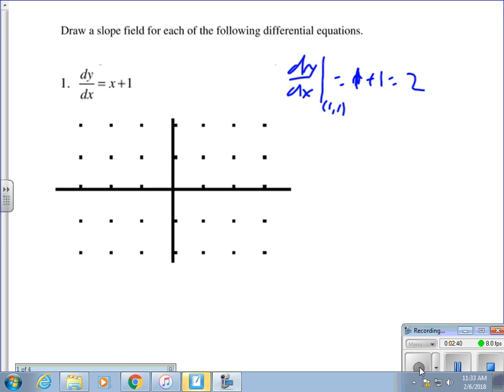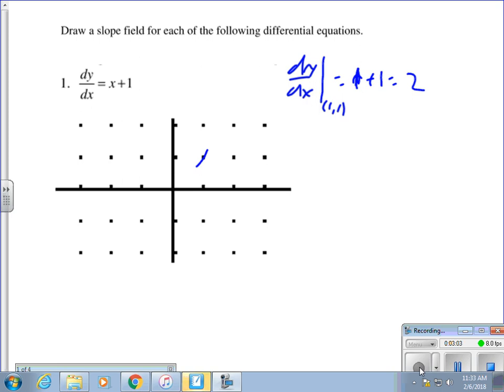So what I want to do, and you don't have to be exact, but there are some tips and tricks here, and I'm going to point out what my expectations are and what the expectations of AP are. You want to get a slope close to 2. So at the coordinate (1, 1), I have a line with the slope approximately like that, a slope of 2.